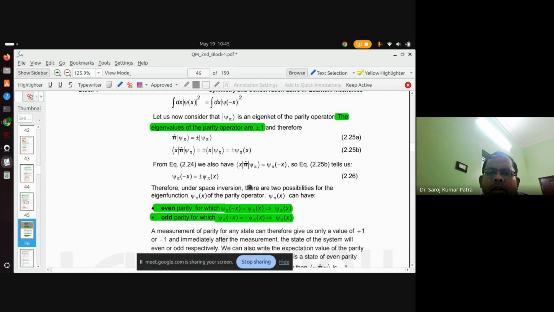In the case of a wave vector, if it is an eigenvector of the parity operator, then ψ(−x) will become ψ(x) if it is even parity, for example J_X, L_X, S_X. And for odd parity, ψ(−x) will be equal to minus ψ(x), for the case of position and momentum.